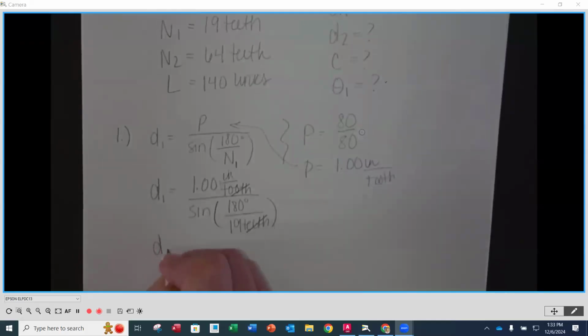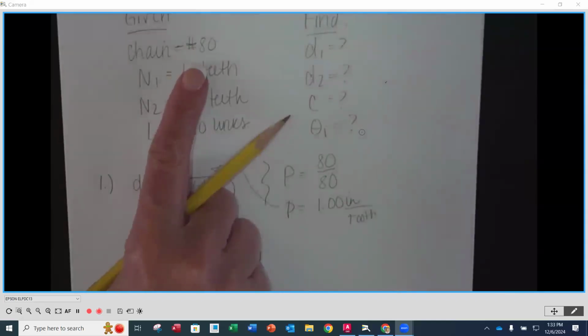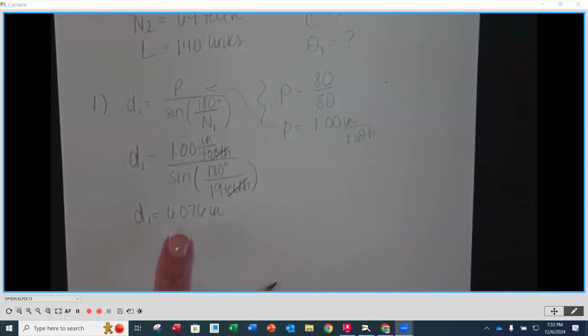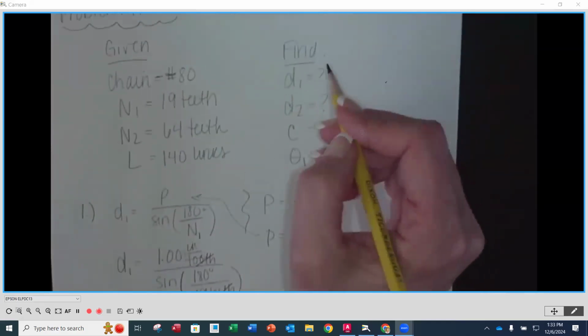So our D1 is going to be 6.076 inches. Now, in this case, we're not going to a chart to pick one off, because we already know that it's a number 80 with 19 teeth, and we're just calculating the corresponding pitch diameter. So this is going to be pitch diameter 1. That takes care of our first item.